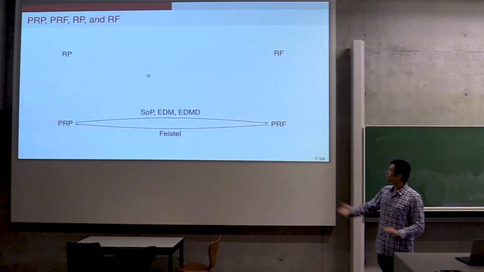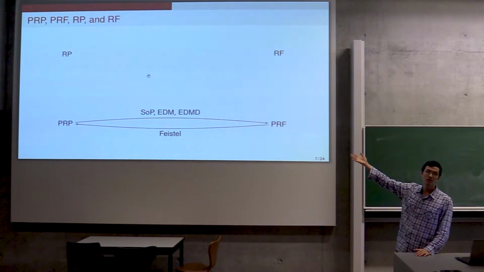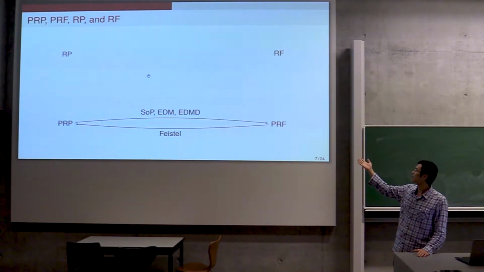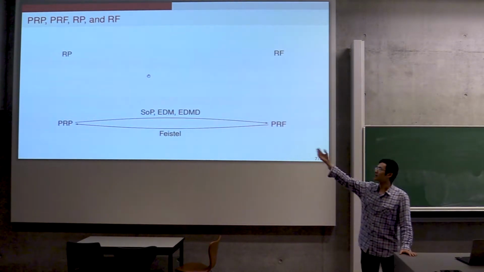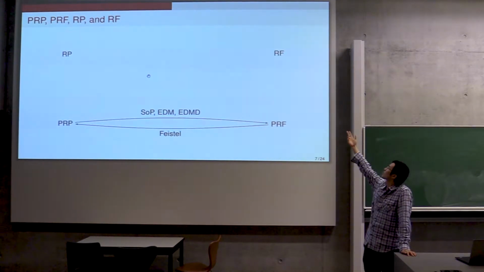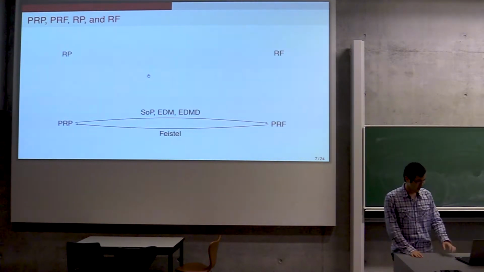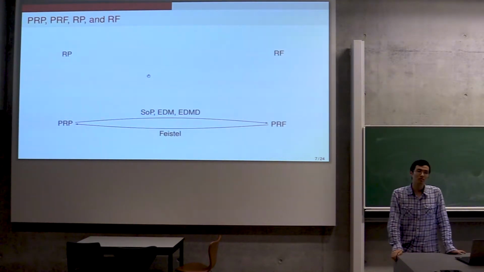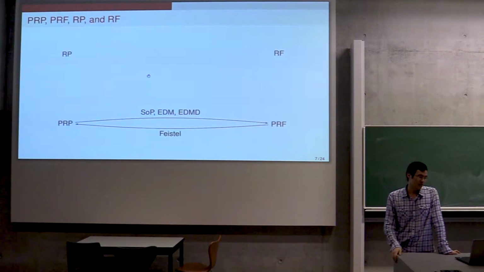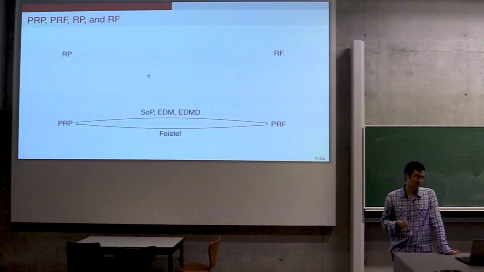So this should actually be the complete picture where we consider the PRP, PRF, and public random permutation and public random function. As already mentioned before, we already considered the conversion from PRP to PRF and PRF to PRP.